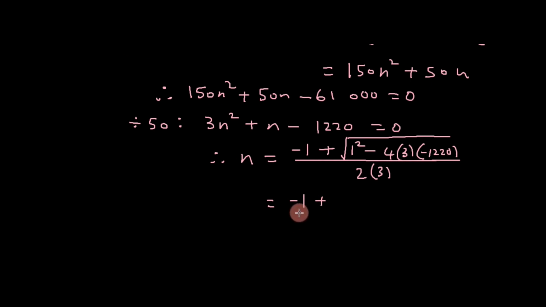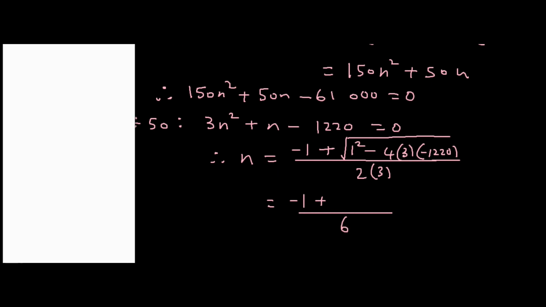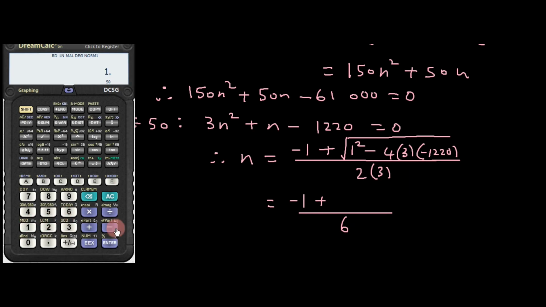We can first work out under the square root. So we have 1 minus 4 times 3 times negative 1220. And that is 14,641.